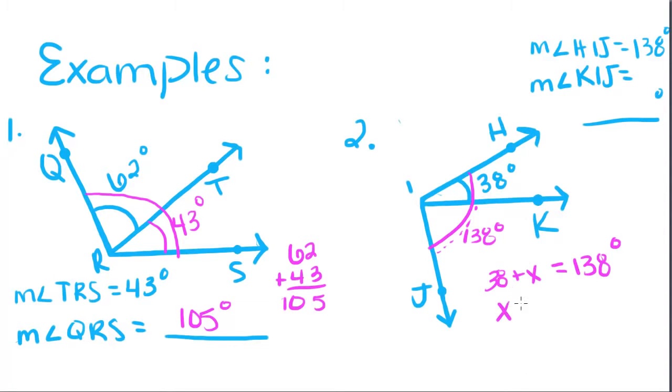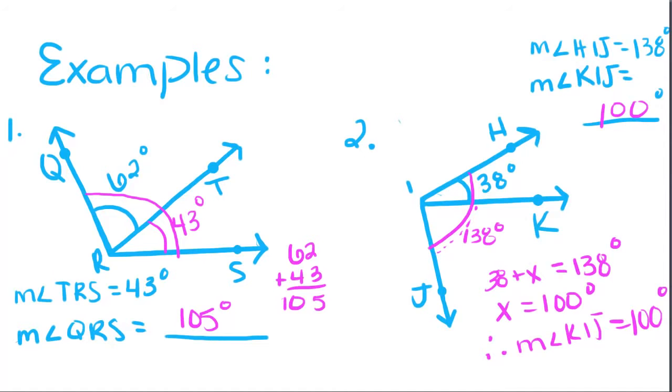So if I subtract 38 from 138, I'm going to find out what the other part equals, which is 100. So therefore, the measure of angle KIJ is equal to 100 degrees. That's using the same property, I'm just doing the opposite.